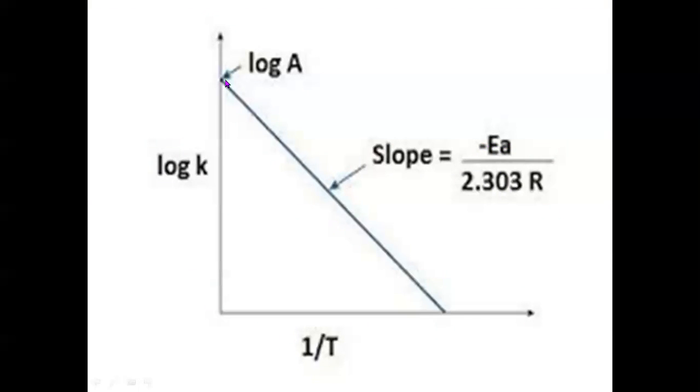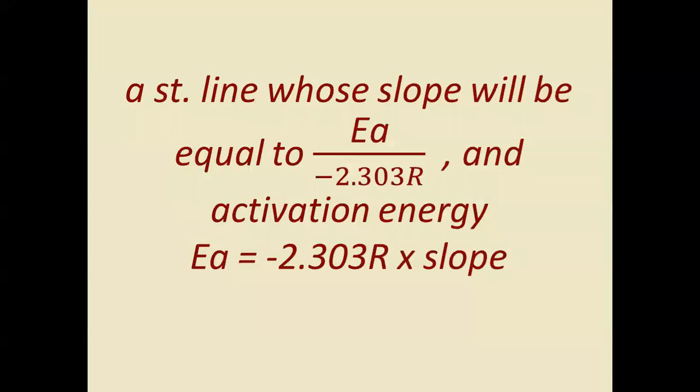And here log K, K is the rate constant, and on the x-axis we are taking 1 by T. T is temperature. Now slope is equal to minus EA, that is activation energy, divided by 2.303 R. R is gas constant.